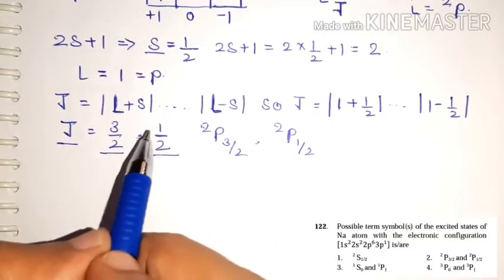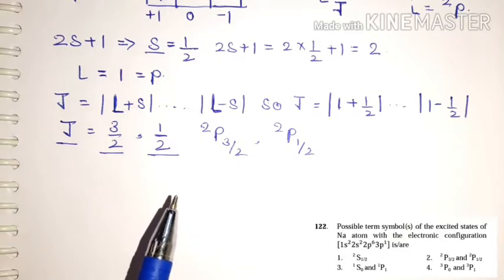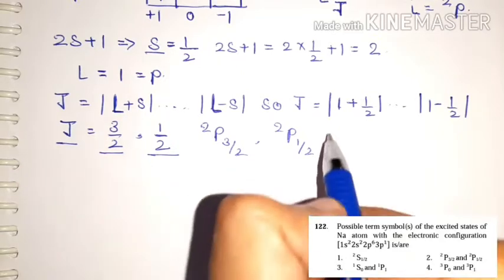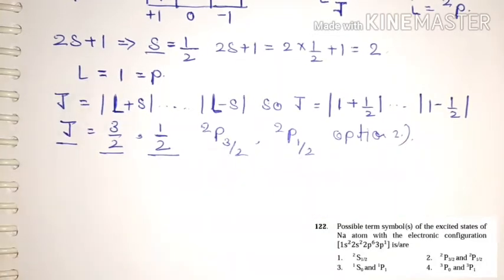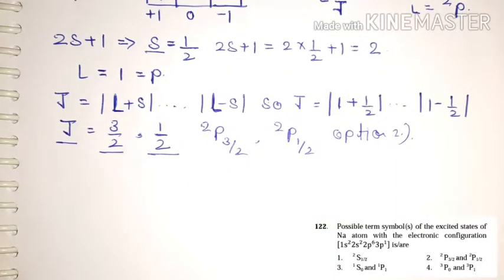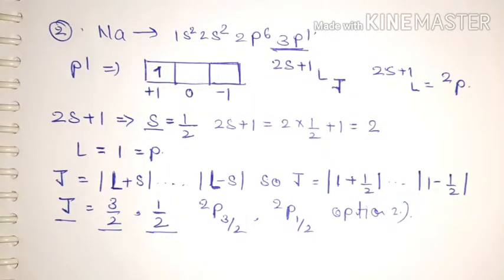We get two values of J, L plus S is 3/2 and L minus S is 1/2. So this will be your option number second. The option number second is the correct answer of this question. See in the corner, friends. Understand? Okay. See once again the whole solution. It is a very simple question and it came for 4 marks.